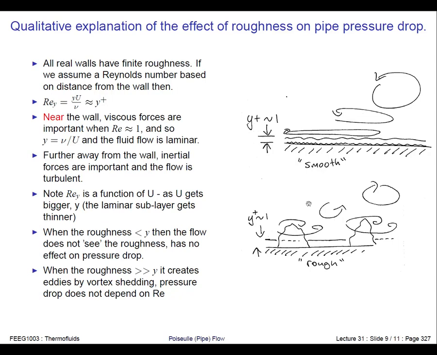And this is why the pressure drop for fully rough walls only depends on the roughness, and it doesn't depend on the Reynolds number. This is what I want you to appreciate from the Moody diagram, and how these regimes are different.